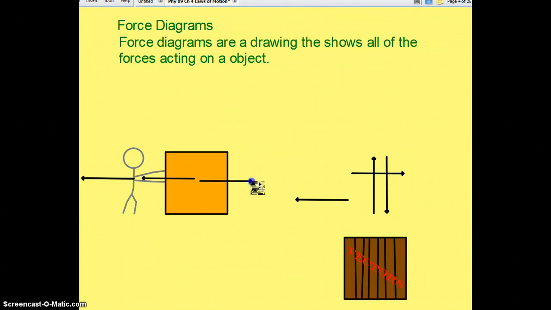And then I have an arrow for the action force of Bob on the box, and then some sort of force that allows Bob to go forward. You'll notice I'm drawing the arrows coming out of the center of the object. Perhaps this is the force of the ground on each of Bob and the box. And this is the force of gravity acting on the box and the force of gravity acting on Bob. As I said, I like to have the arrows coming out of the center of the body.